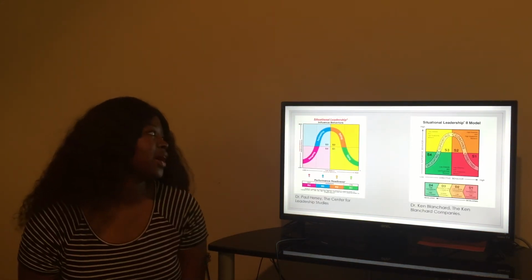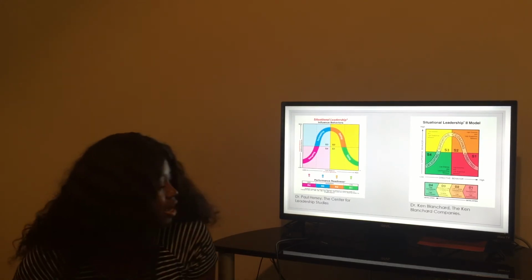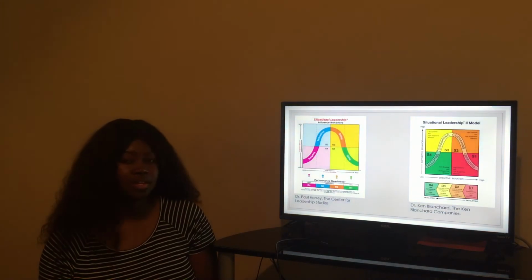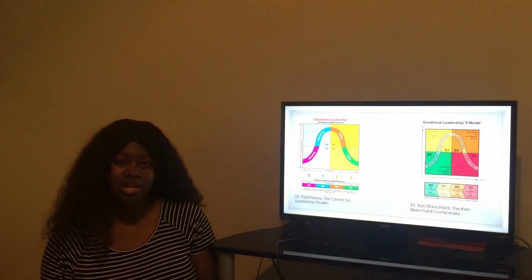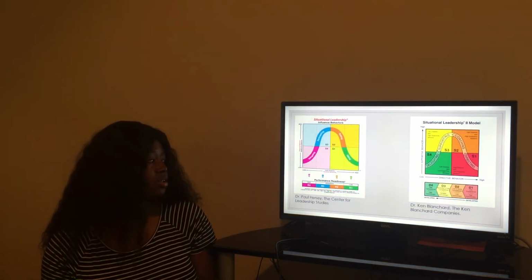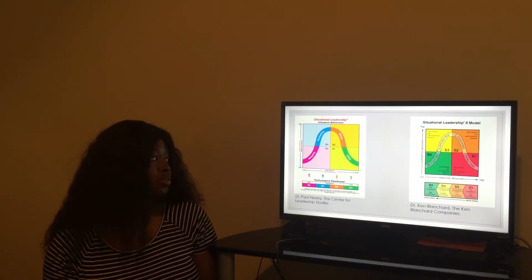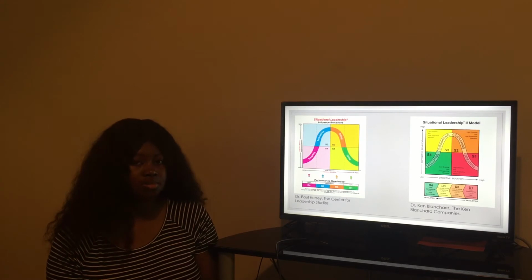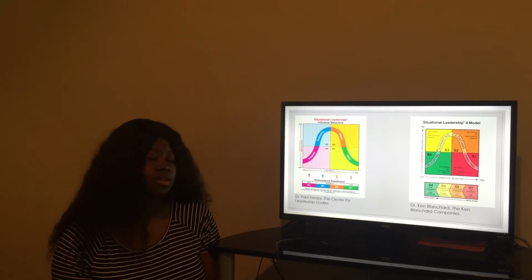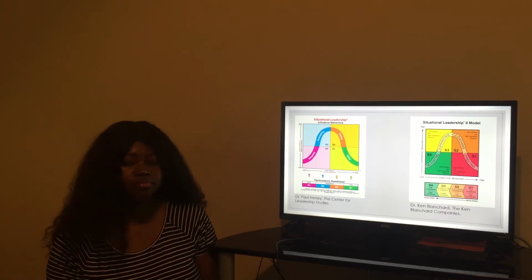So going back to the diagrams, I shared two examples just to help better understand how the leadership styles and the development levels correspond with each other. So if someone were development level 1, you would probably use leadership style 1. And again with development level 2, leadership style 2, and so on.